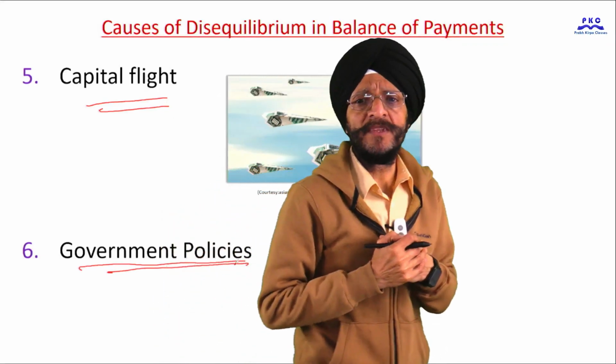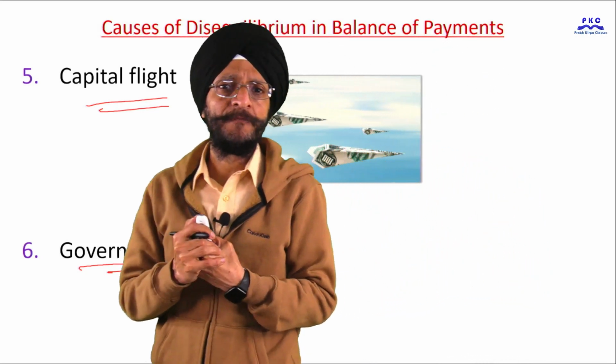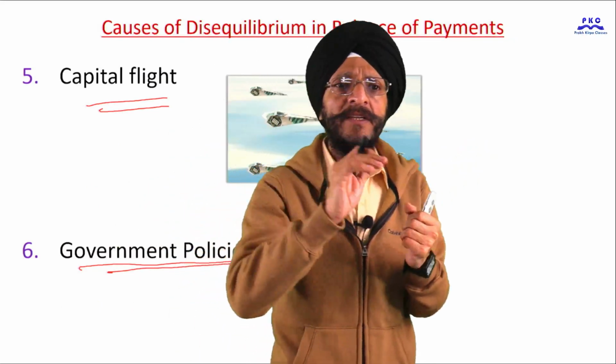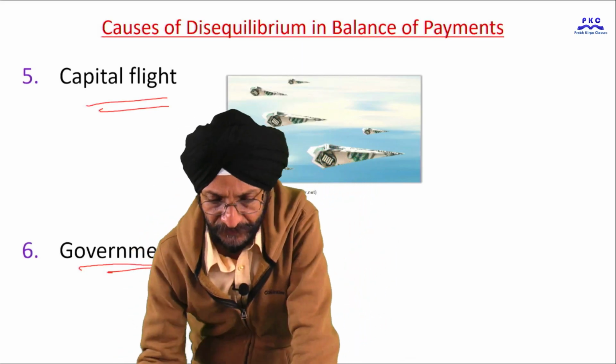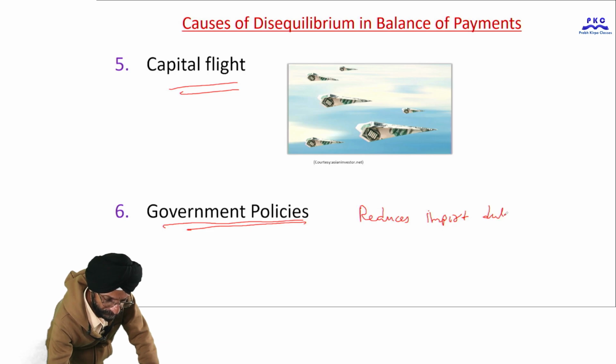Sometimes government policies also result into disequilibrium in balance of payments. For example, there may be some trade barriers imposed by the government. If the government reduces import duties, what will happen?